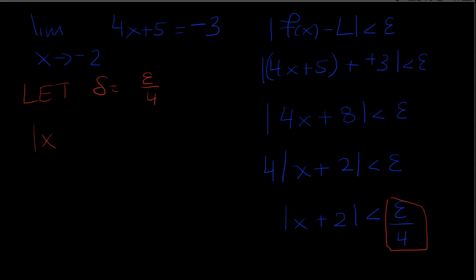Well, we're going to start our proof now. We want absolute value of x plus 2 to be less than delta. So if x plus 2 is less than delta, so delta we said is epsilon over 4, I'm going to multiply both sides by 4. So I have 4 times absolute value x plus 2 less than epsilon.